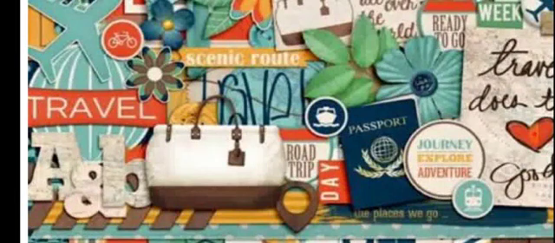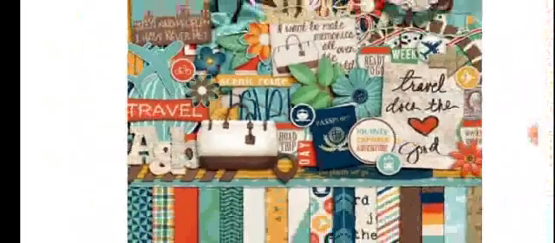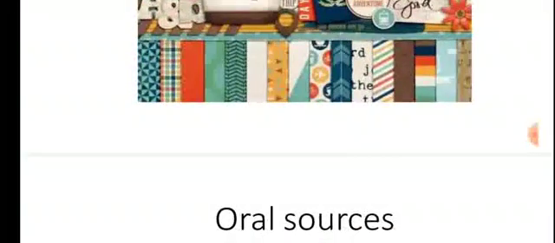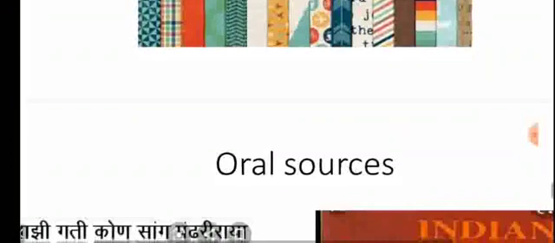The foreigners who came to India had written their experiences, whatever they saw or experienced during their travel. So these are the travelogues. Plays, you know, drama. Poetry means poems. So these were the sources written by various ancient kings.